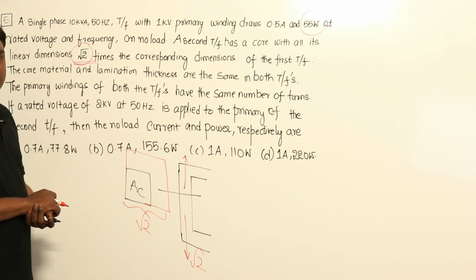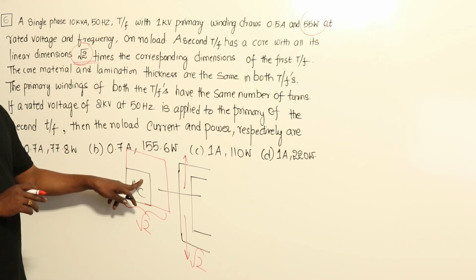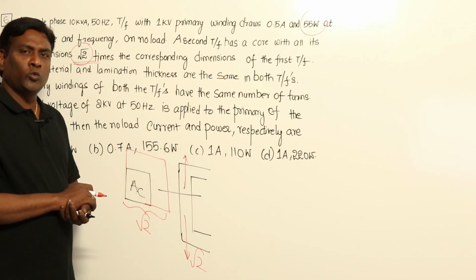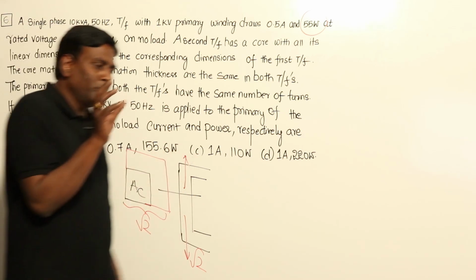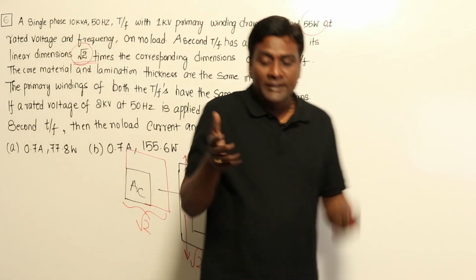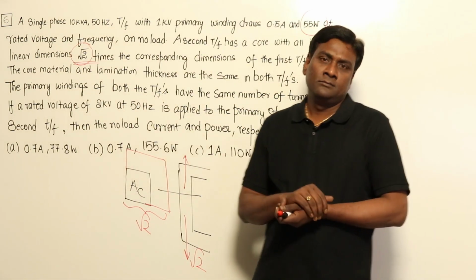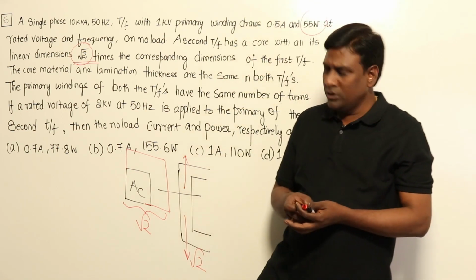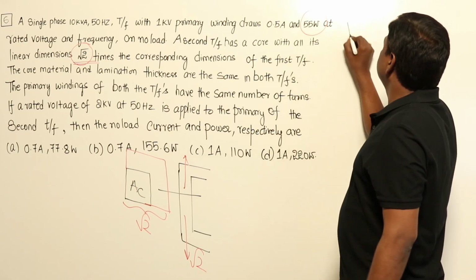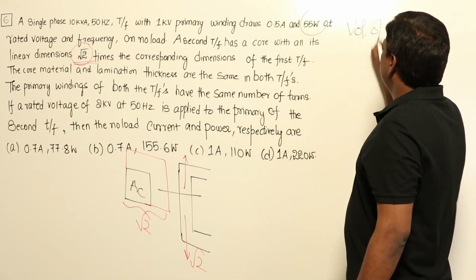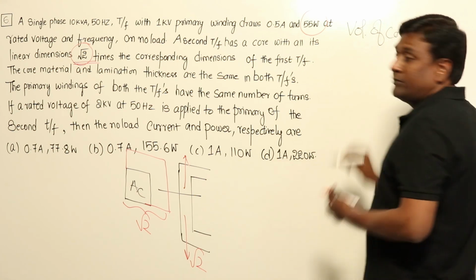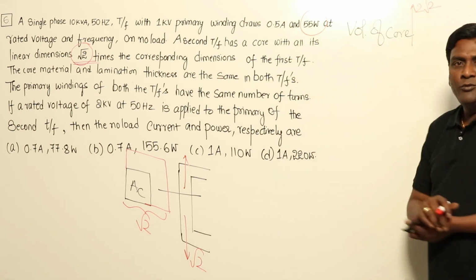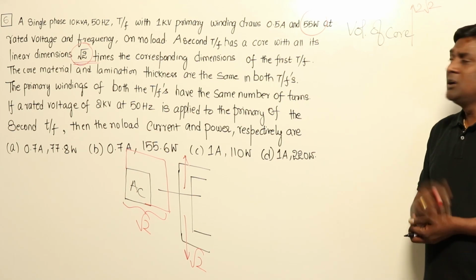Side square is the area of cross section of the core. Now the length of the limb is increased by √2 times, so how is the volume of the core getting increased? The area of cross section is increased by 2 times, and the length of the limb is increased by √2 times. So the volume of the core will be increased by 2√2 times. If the volume of core is increased by 2√2 times, what about core loss?